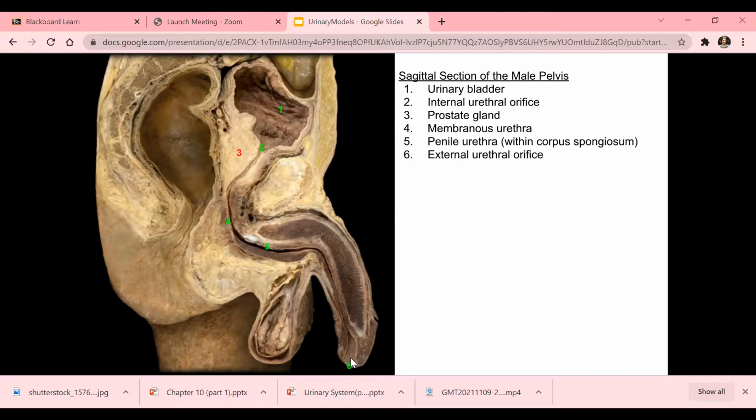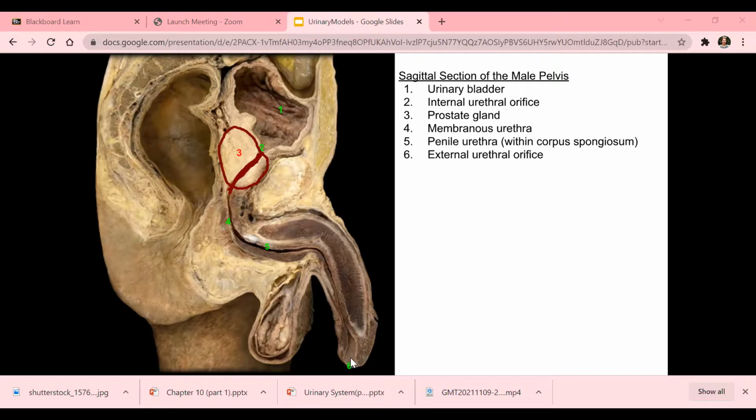As I told you before, the urethra has 3 parts. The first part of urethra is called prostatic urethra. This is the prostatic urethra, and it's enclosed by the prostate gland.